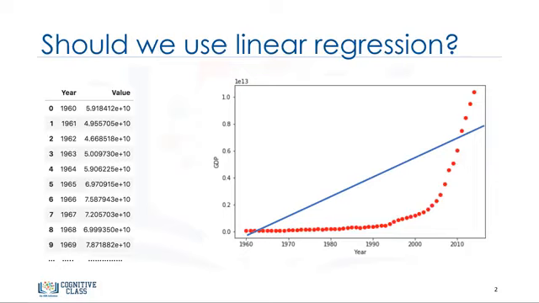Indeed, if the data shows a curvy trend, then linear regression will not produce very accurate results when compared to a nonlinear regression, simply because, as the name implies, linear regression presumes that the data is linear. The scatter plot shows that there seems to be a strong relationship between GDP and time, but the relationship is not linear.